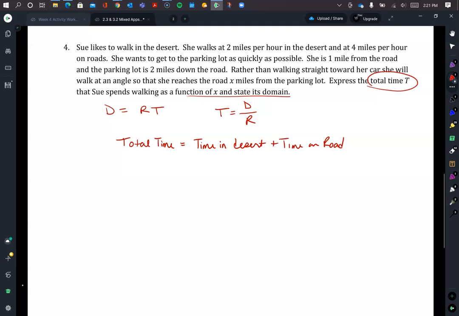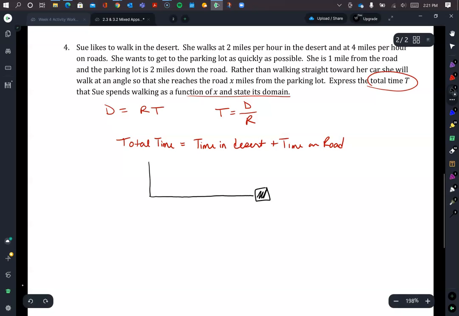So we're going to draw a little diagram here. Let's say our road is here. And here's the parking lot, or the lot she's trying to get to.